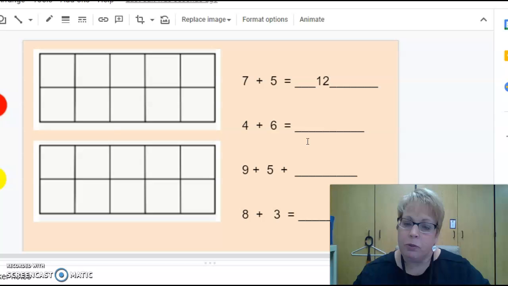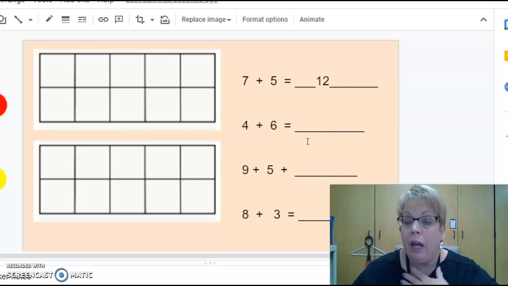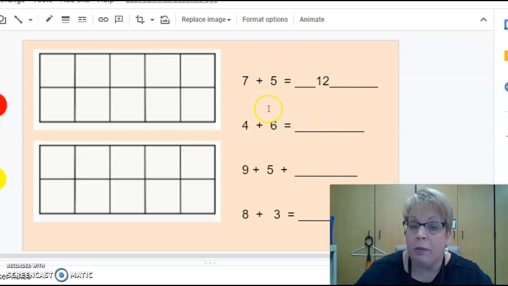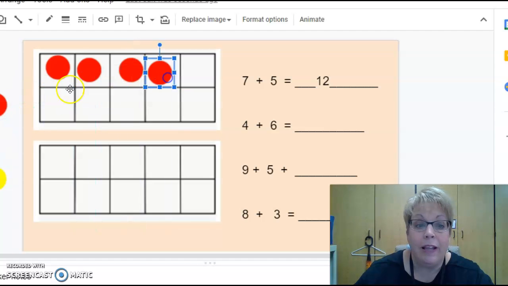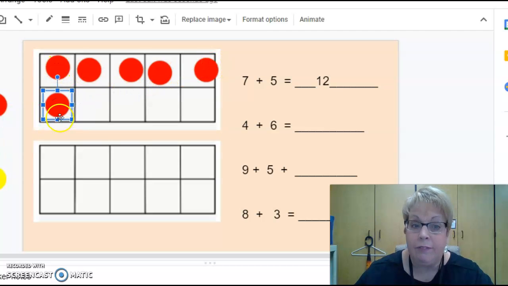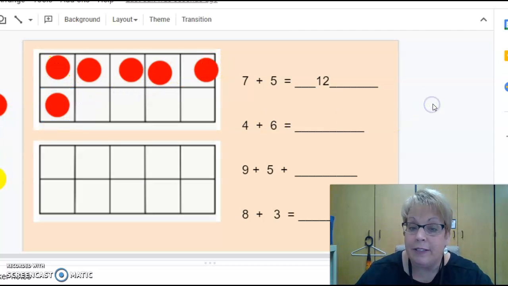Now, you know the commutative property, so it really doesn't matter what order I add them in. I always start with the biggest number, so I'm actually going to start with the 6. And I know, oh my goodness, when I'm looking at the 10 frame, remember if I filled the entire top, that's 5. So right there's 5, but I want 6, so I'm going to put 1 down below. 5, 6. That's very easy to count.